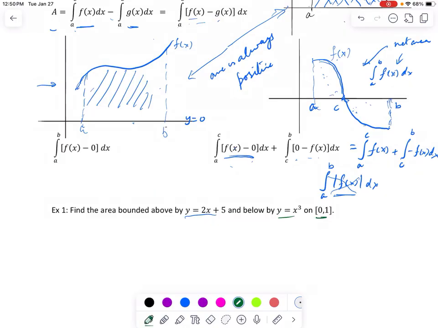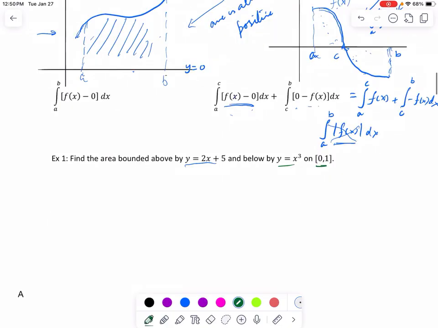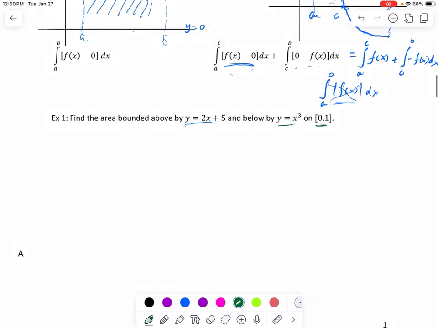So we have to find the area between these curves. Now, if you can draw a picture, it will be very nice. But if you cannot, it still is okay for these examples because we are given everything.